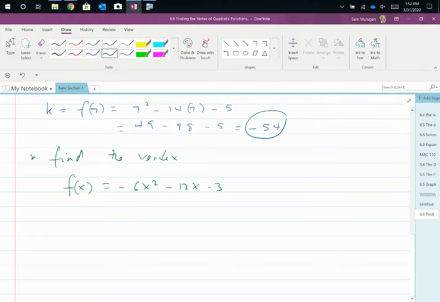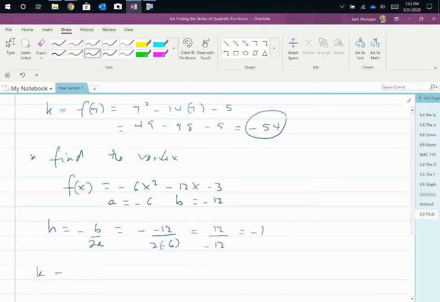So a is equal to negative 6, b is equal to negative 12. h is equal to negative b over 2a, which is negative of negative 12 over 2 times negative 6. So this is positive 12 over negative 12, which is negative 1.